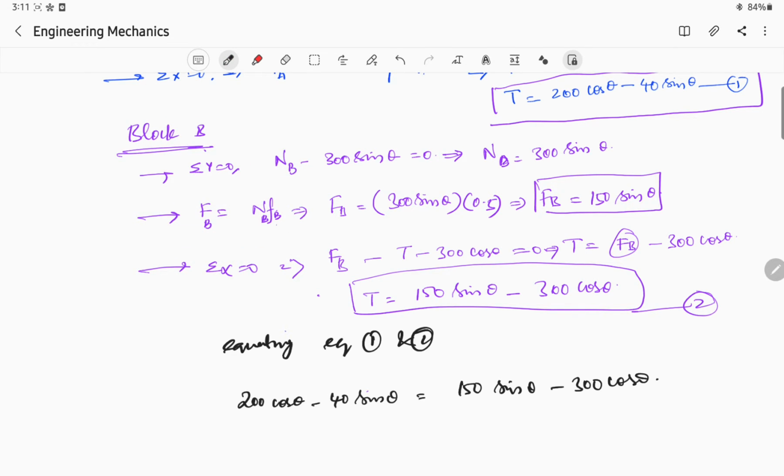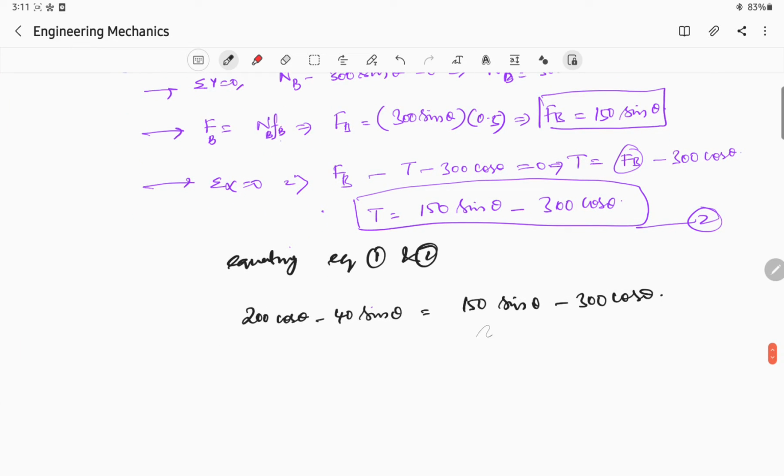If you equate these two terms, what happens? Sin theta you take towards the right side, and cos theta you take to this side. So 200 cos theta plus 300 cos theta is equal to 150 sin theta plus 40 sin theta.